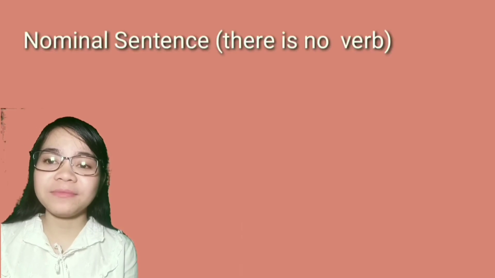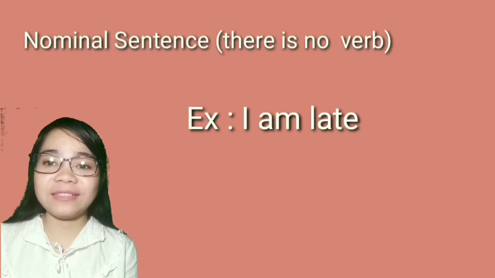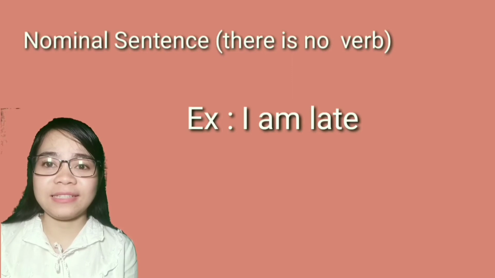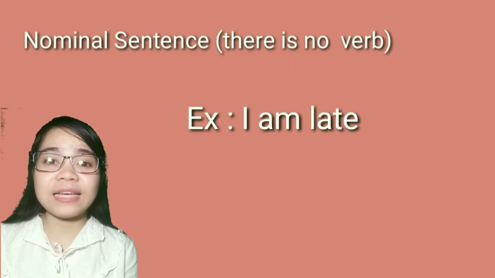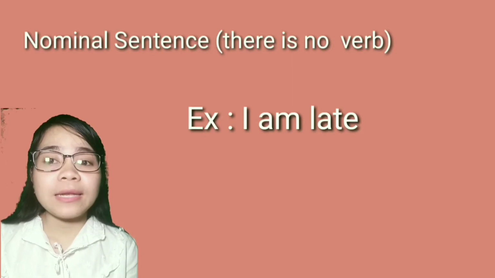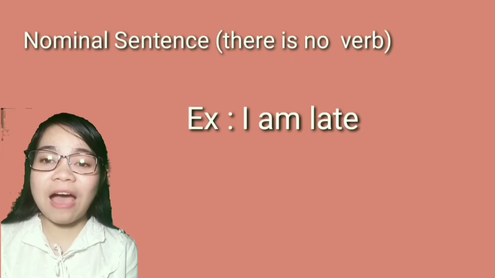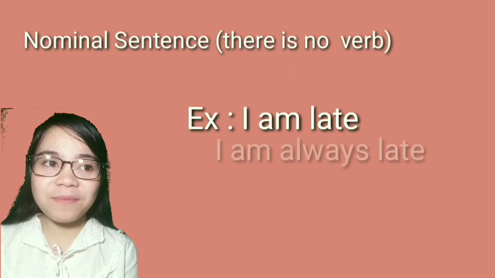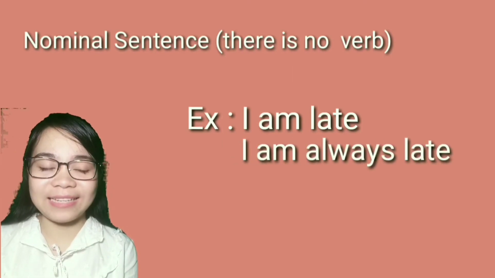Unless in the sentence there is no main verb, or we say nominal sentence. For example, I am late. There is no verb in the sentence. Late is an adjective. So you're going to put the main adverb of frequency after be. I am always late.